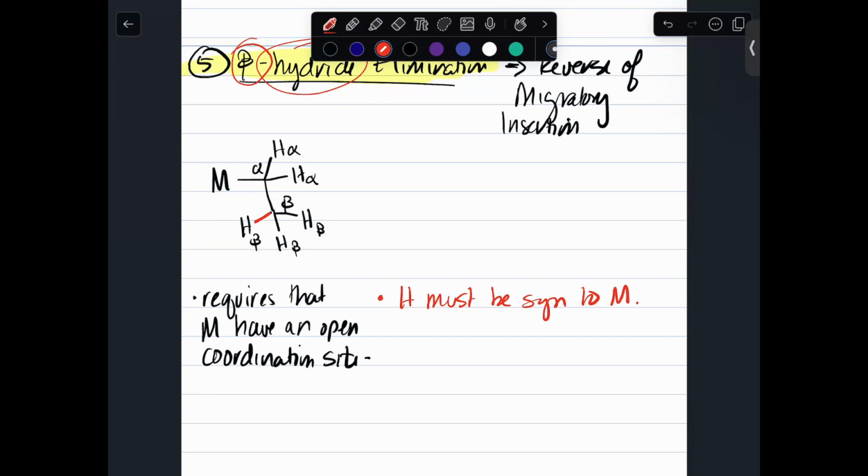Migratory insertion said hydrogen must be syn to my metal. It's a hydride source, which means it's coming with its own electrons, attacks the metal, and forms a double bond.